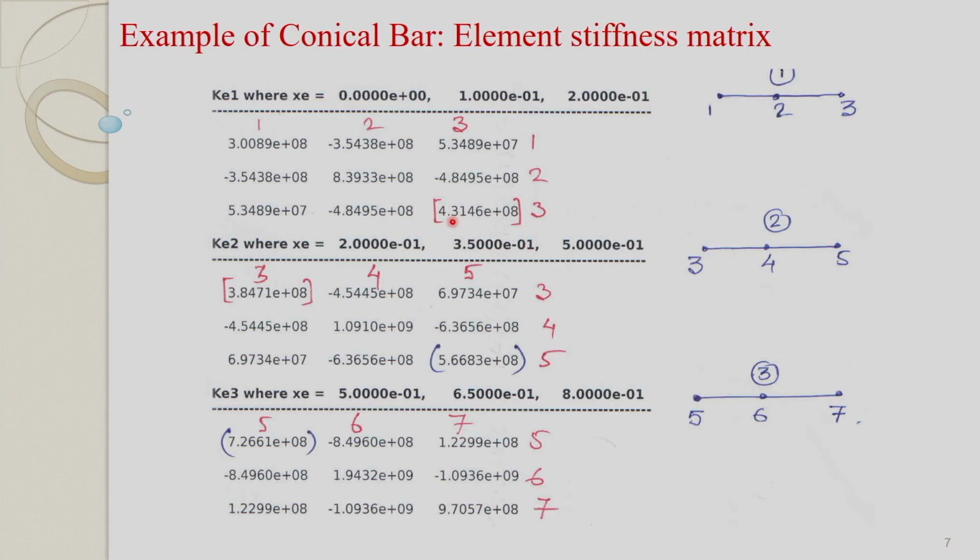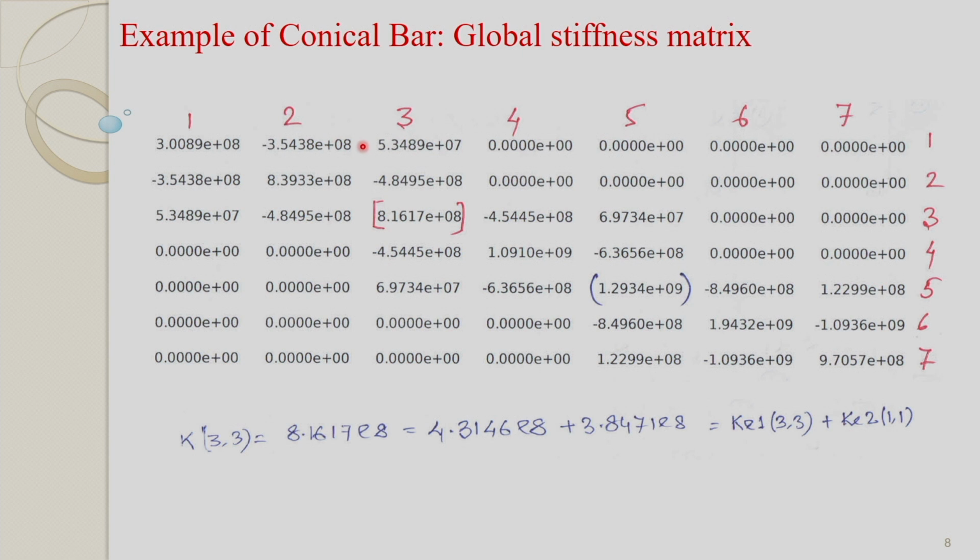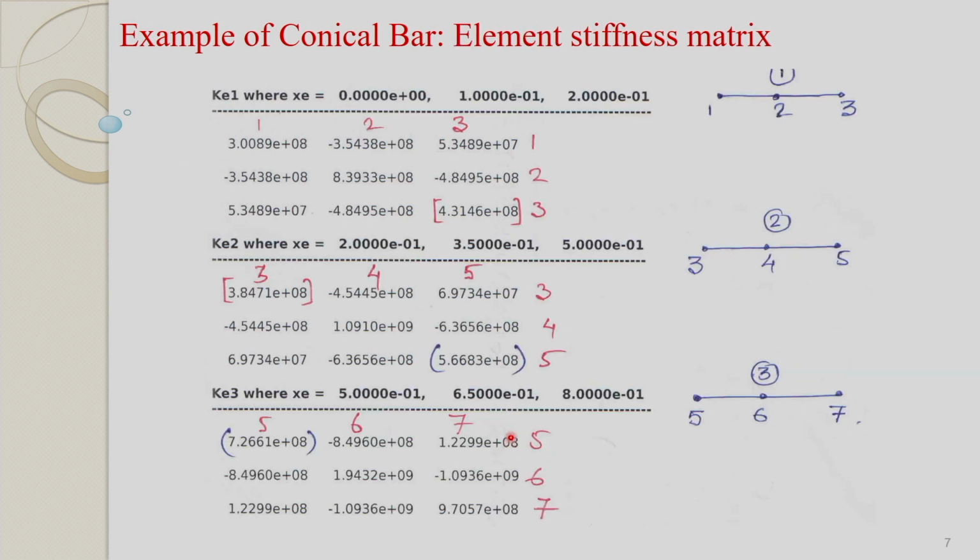So, this entry in the square bracket will be added to this entry, and finally in the global K3 comma 3 we get this value by adding 4.3146 and 3.8471.